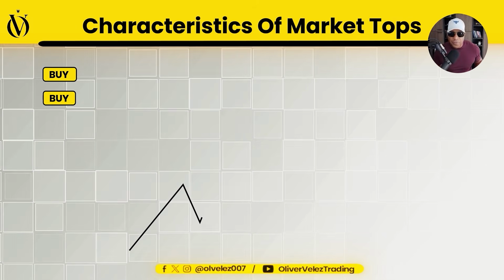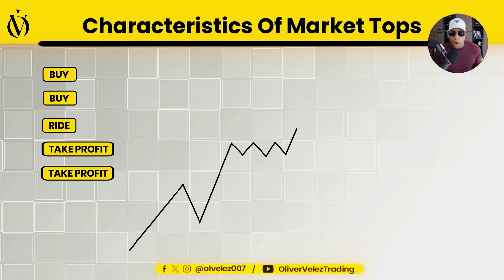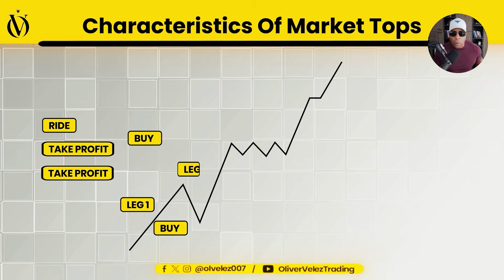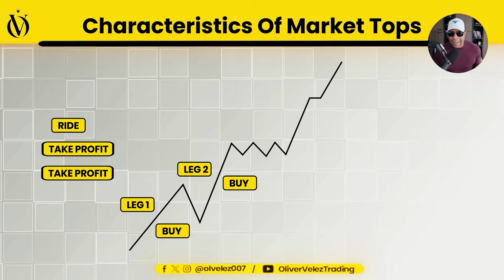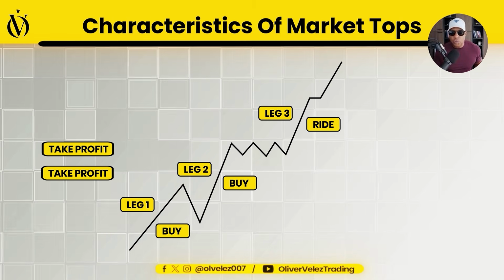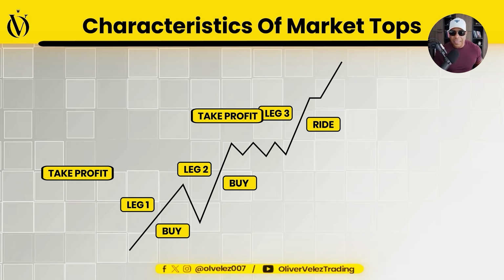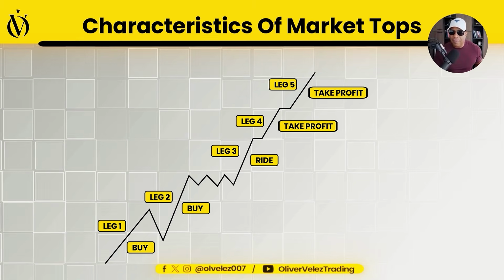The best odds for maximum profitability, guys, is when you are buying into a leg 1 or leg 2 move to the upside. You ride leg 3, you start taking profits in leg 4 and leg 5. These are your profit legs.